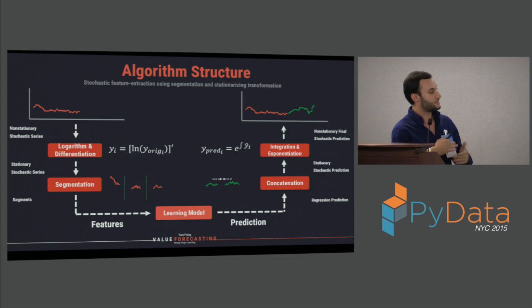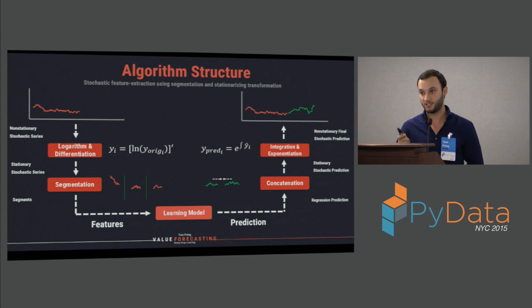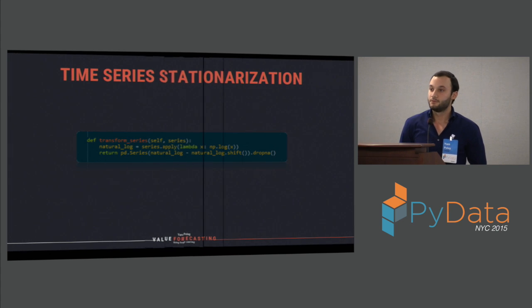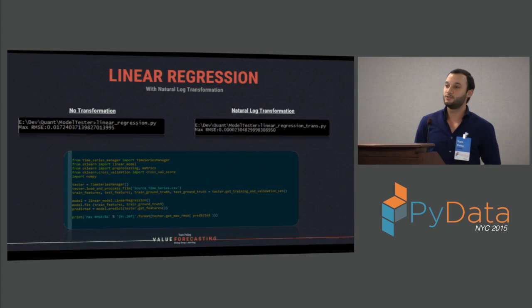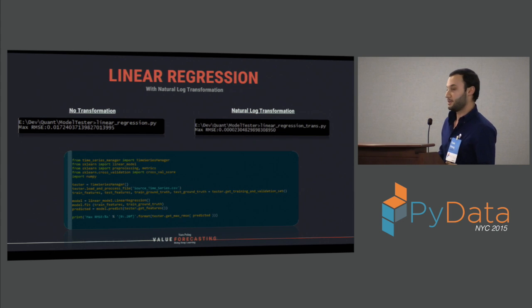You take the time series, transform it, chop it up into sequences, put it through a learning model, concat it, reverse the transformation, and you get your prediction. Now, when you do that with the transformation and without the transformation, you get really better results with the transformation, and we didn't even get to more complicated models.